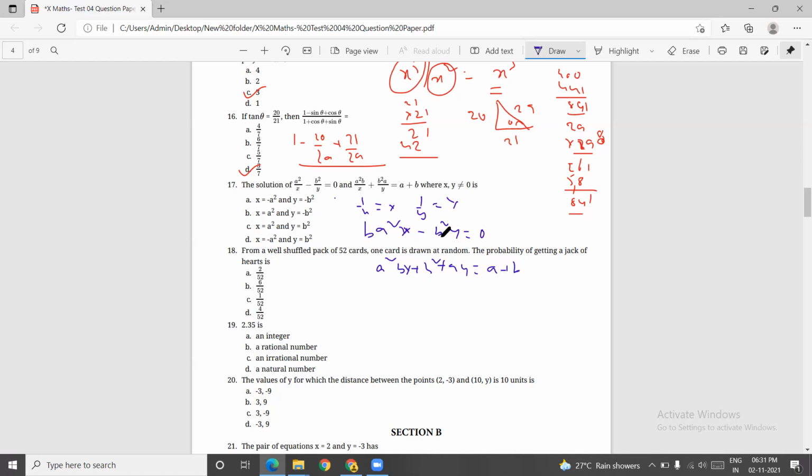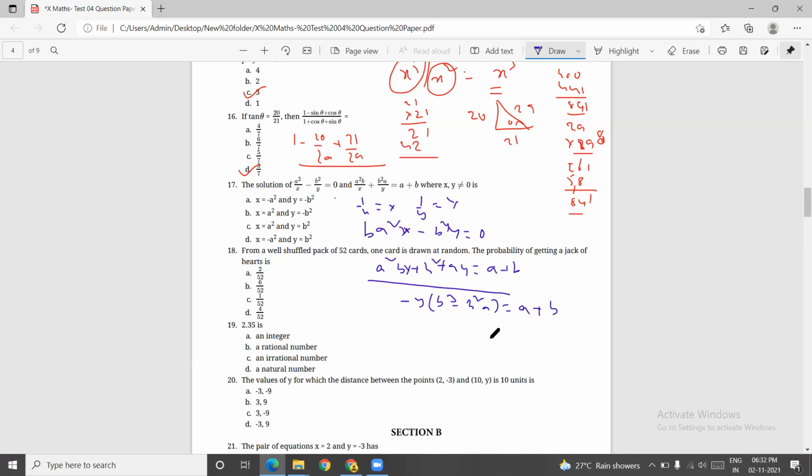By multiplying with b, subtraction will eliminate X, so the Y value first: minus Y times b cube minus b square a is equal to a plus b.